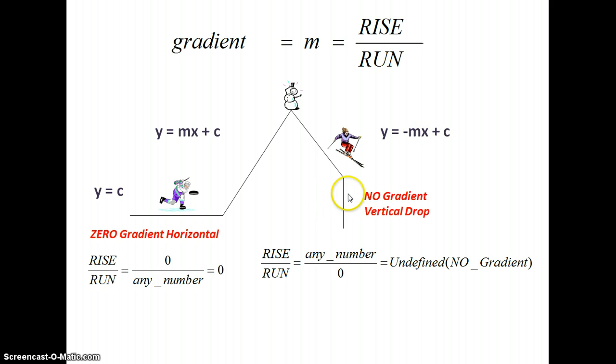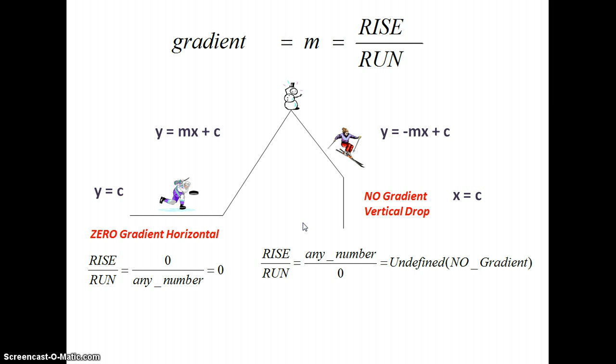And when it's a vertical line, it will look like any number divided by 0, and if you divide any number by 0, it will be undefined. If you use your calculator to check, your calculator will say error. And so your equation should look like x is equal to any constant.